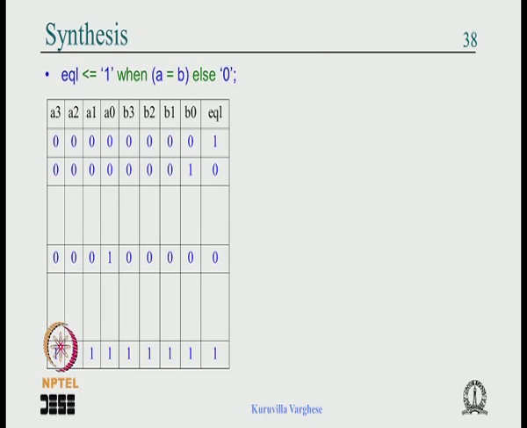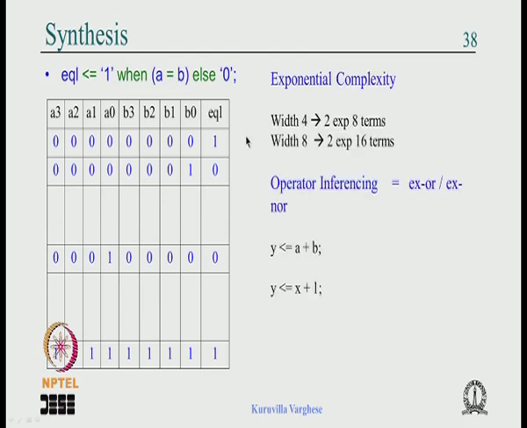When the synthesis tool sees this equal operator, it is written in a proper way to reflect the circuit of an XNOR gate or XOR gate. When the operator is internally implemented using the XOR gate, it is called operator inferencing.